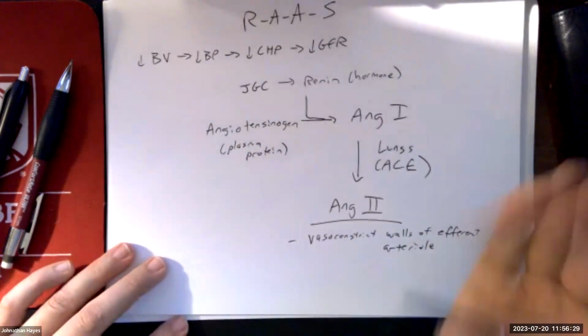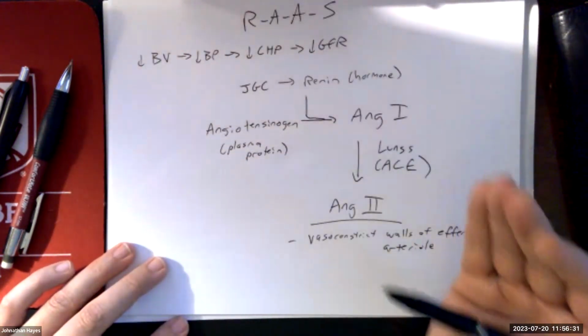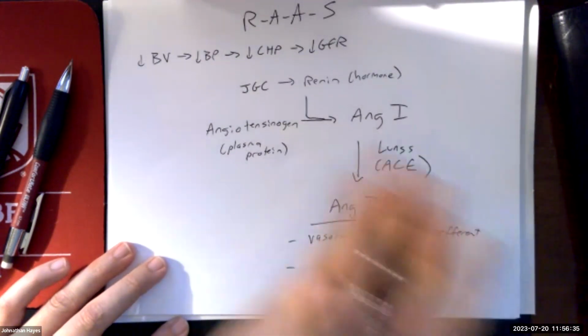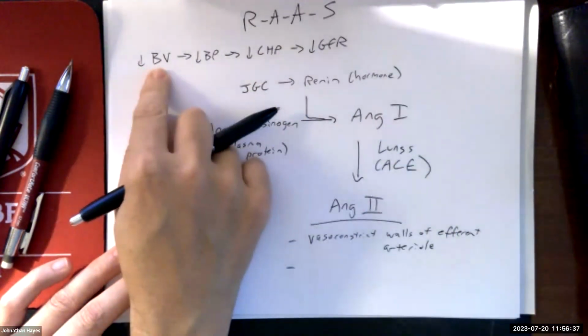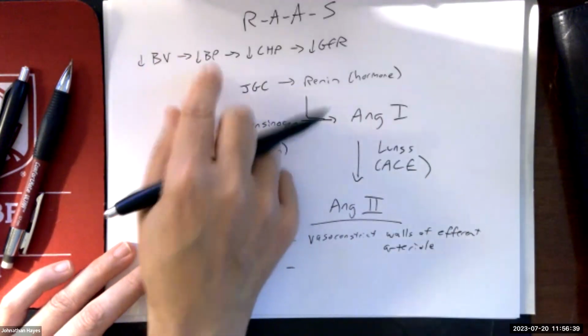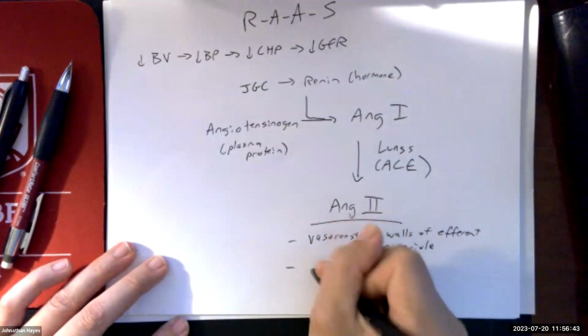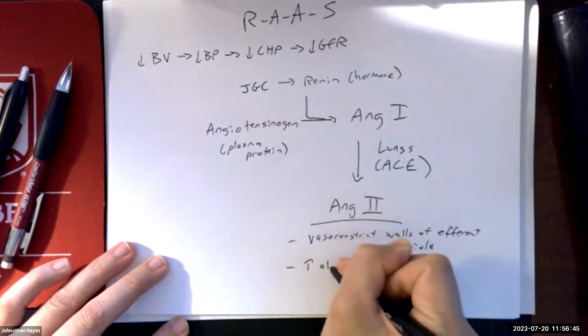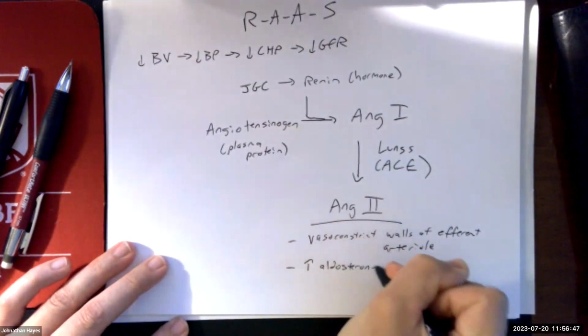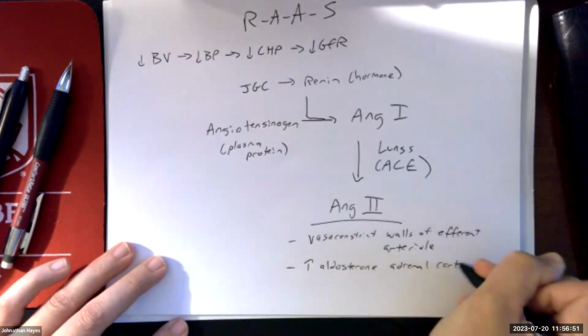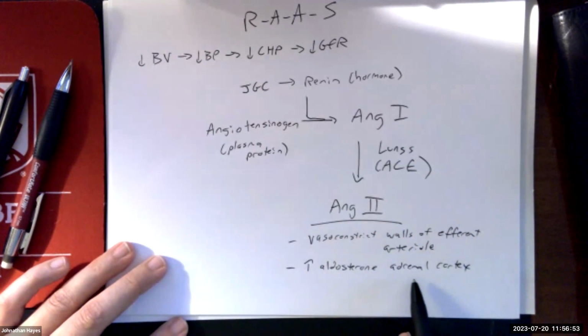But we're also going to need to tackle this from a bigger perspective. Like, how did we get there to begin with, right? So again, the body thinks it's probably because we're lower in volume and that's caused a decrease in pressure. So we want to tackle both of these. One thing we're going to do is increase aldosterone production from the adrenal cortex, which of course is part of the adrenal gland that sits above the kidney.